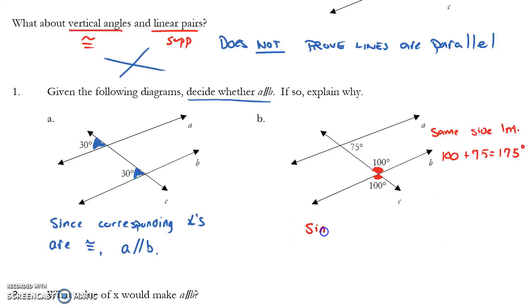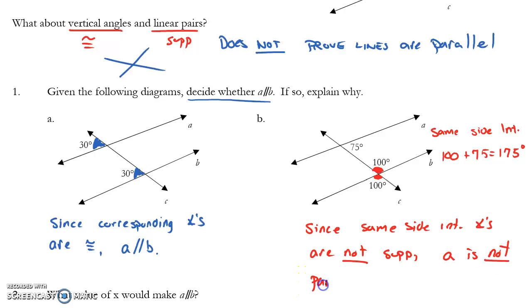So I can specifically conclude that since same side interior angles are not supplementary, I can conclude that A is not parallel to B. Again, if this was 80 degrees and that was 100, then yes, those same side interior angles are supplementary. My two lines are parallel.